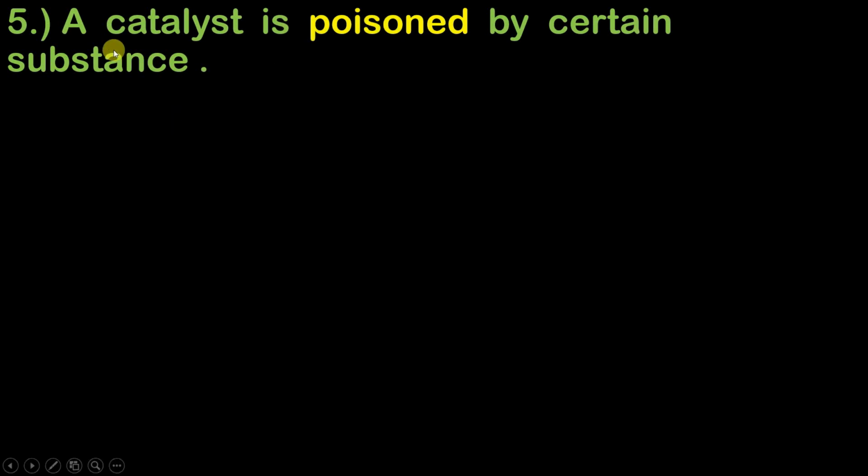Moving on with the fifth general characteristic. A catalyst is poisoned by certain substances. Now, what is the meaning of this? There are certain substances present in the reaction which make the catalyst inactive. Because of those substances, the catalyst cannot have its effect of increasing the rate of the reaction.